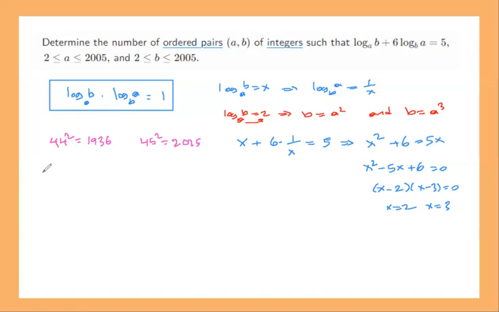I can choose A as 2, 3, 4, 5, anything all the way to 44. If A is 2, B will be A squared, so the corresponding B's are 4, 9, 16, and it will continue, and the last one will be 44 squared, which is 1936.